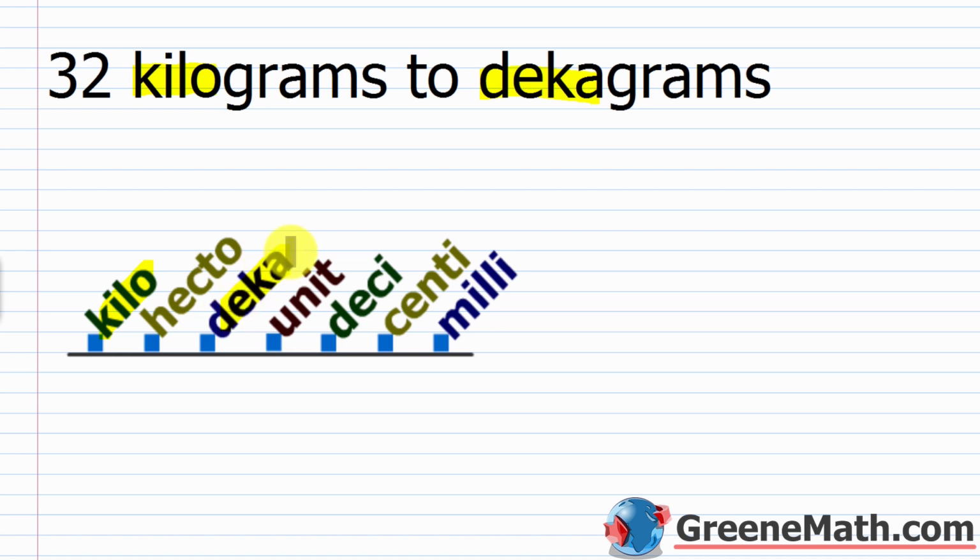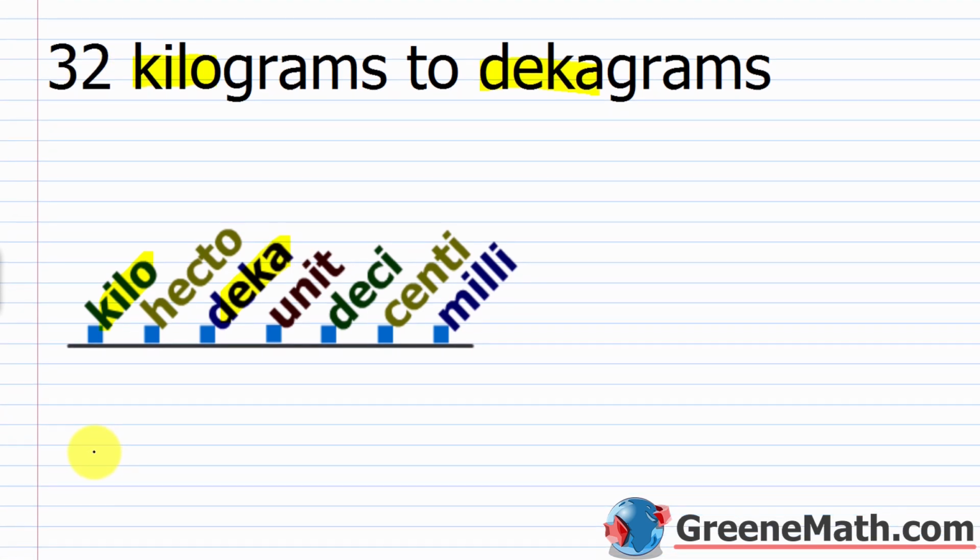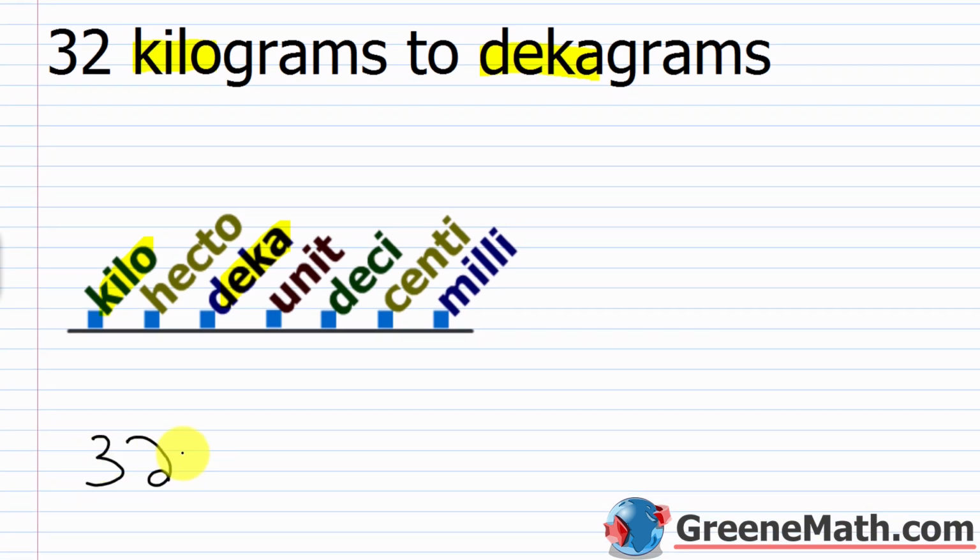And then you basically just match the movement and the direction from the prefix chart with the number you're converting. So we have 32. And I'm going from kilo to deca. So if I look at my prefix chart, I'm starting at kilo here, and I'm going 2 places to the right to end up at deca.